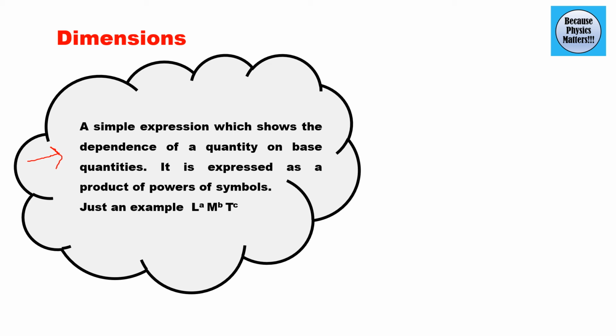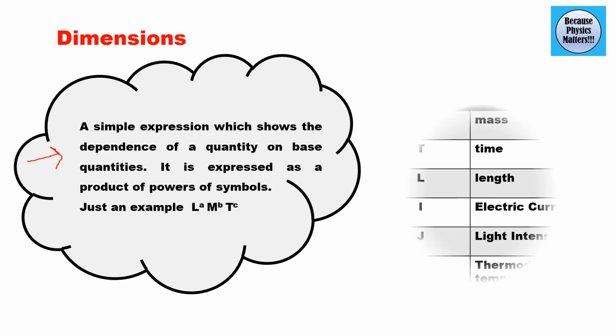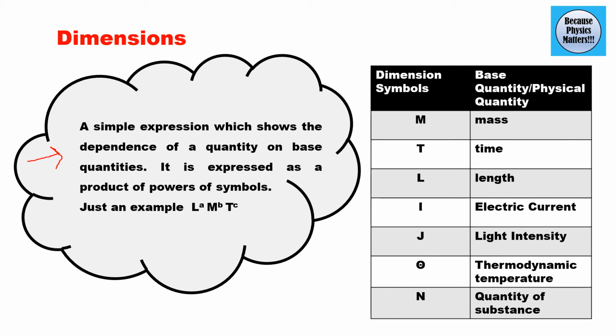So you know that there are 7 base quantities, and we have the symbols of these base quantities also. For example, when I'm writing the dimension for mass, I'm using capital M. For time, I'm using capital T. So in the same way, I'm writing things in dimensional formulas according to the base quantities.